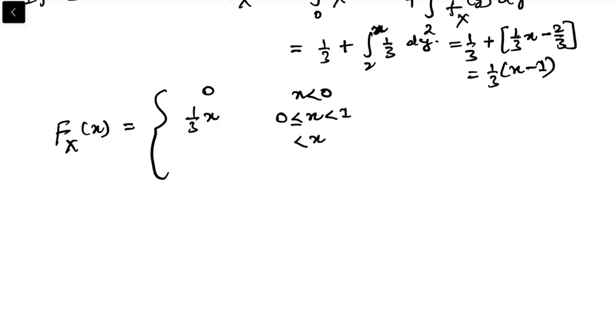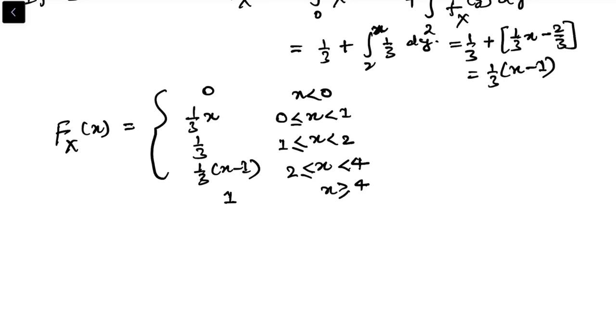When x is greater than or equal to 1 but less than 2, CDF is 1 over 3. And when x is greater than or equal to 2 but less than 4, this is 1 over 3 times x minus 1. And when x is greater than or equal to 4, the CDF is 1. So this is the standard representation of CDF. This is how we should write the CDF. All right.